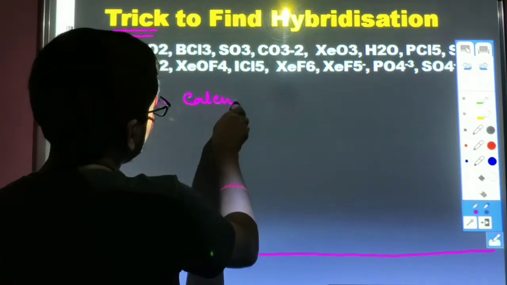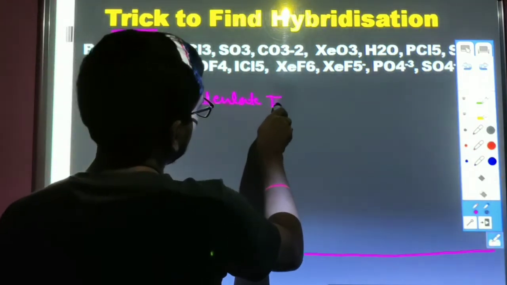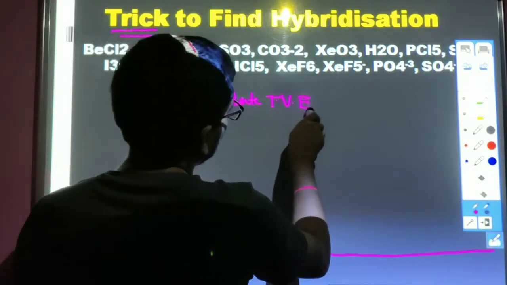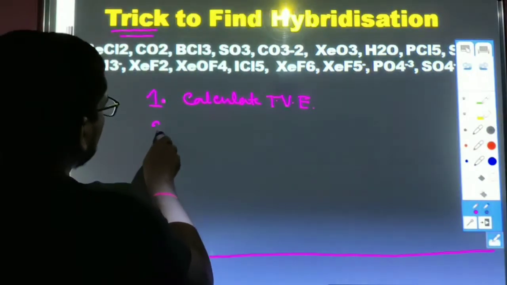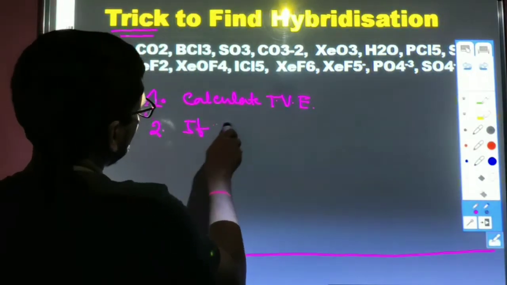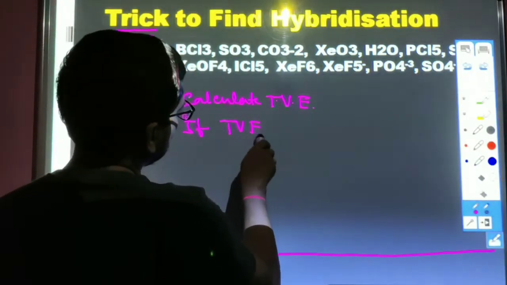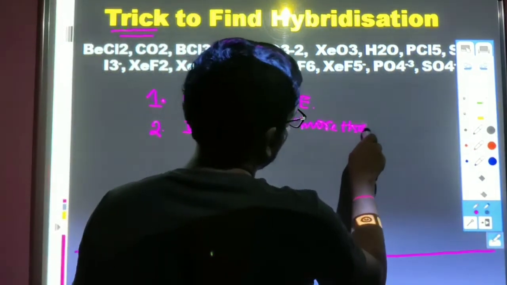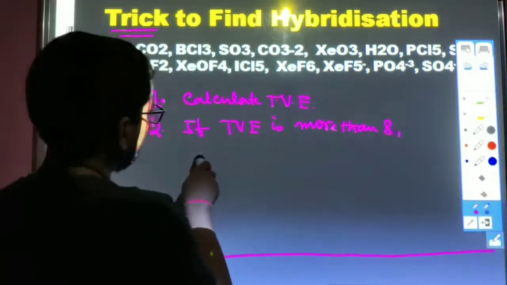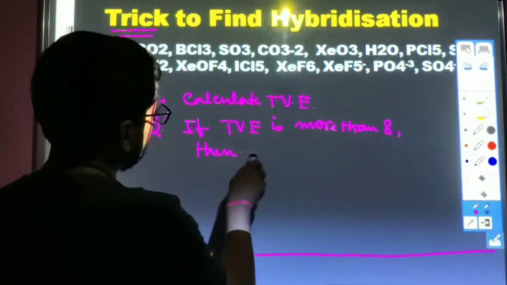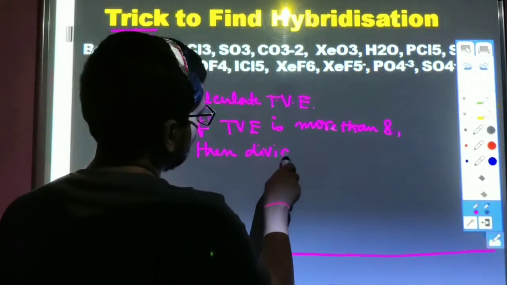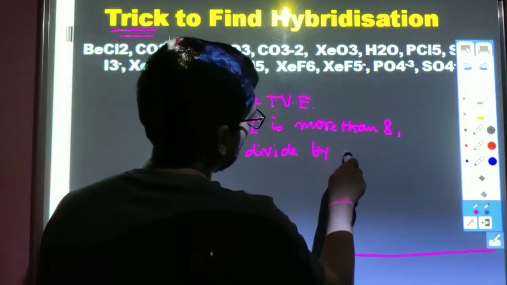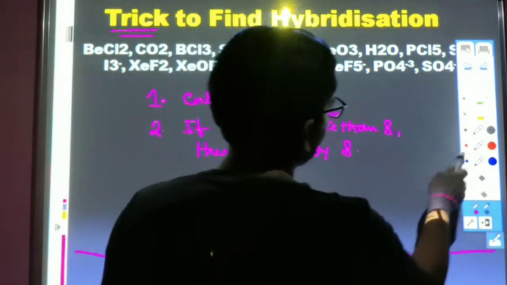calculate total valence electron. Then if total valence electron is more than 8, then divide by 8.